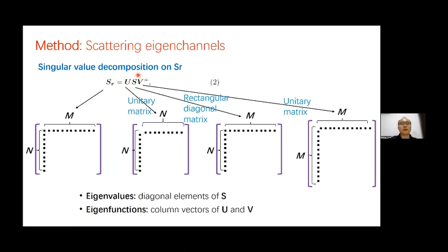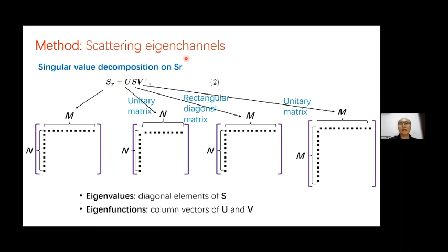It can be represented by three matrices. Here U and V are two unitary matrices, and S is a diagonal matrix. With these three matrices, we can get the information of the scattering eigenchannels.